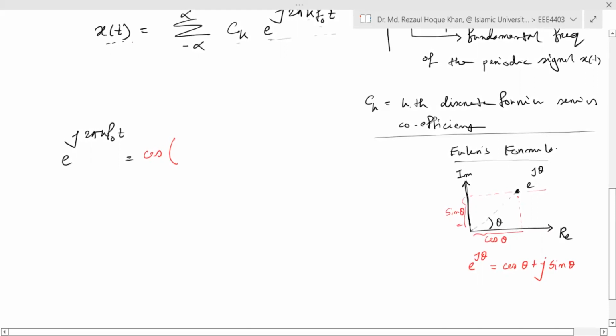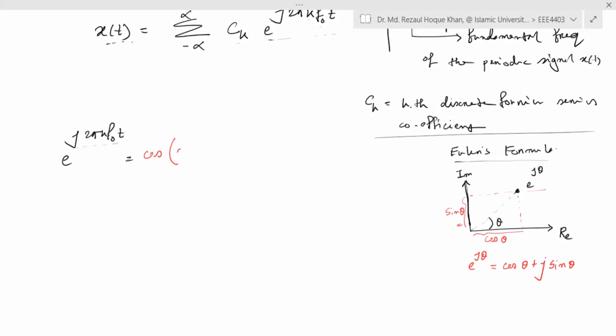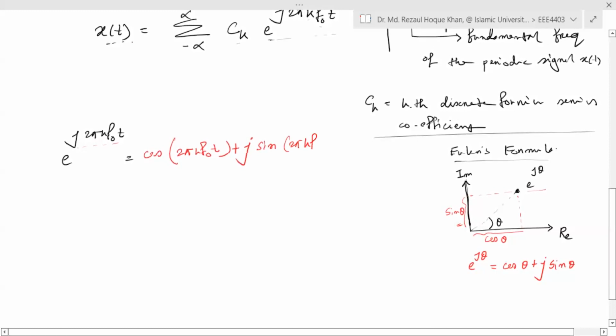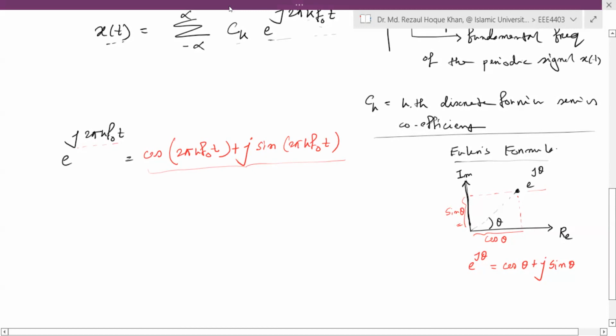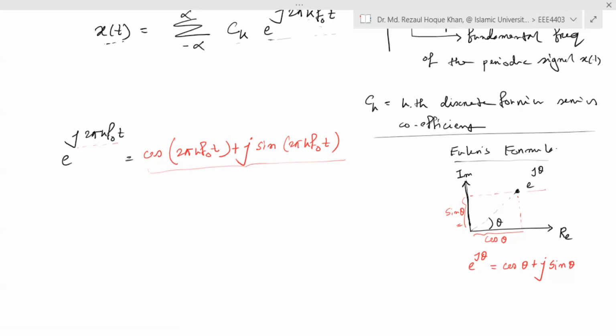Same thing, so we express e to the power j 2 pi k f0 t as cos 2 pi k f0 t plus j sin 2 pi k f0 t. So this is a complex sinusoid.